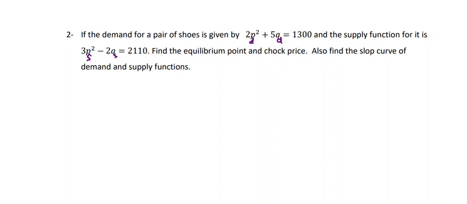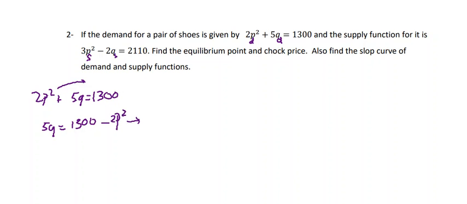Okay, so 2p square minus 5 plus 5q is equal to 1300. So you will transfer 2p square to the other side. You will get that 5q is equal to 1300 minus 2p square.